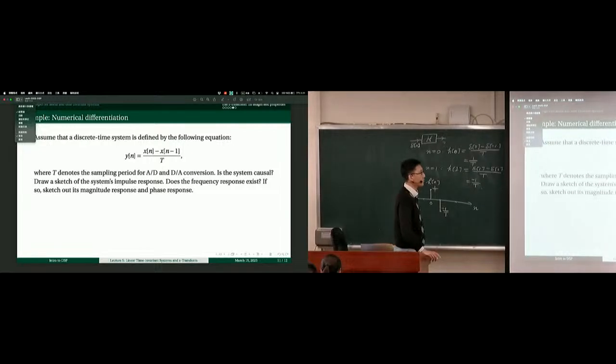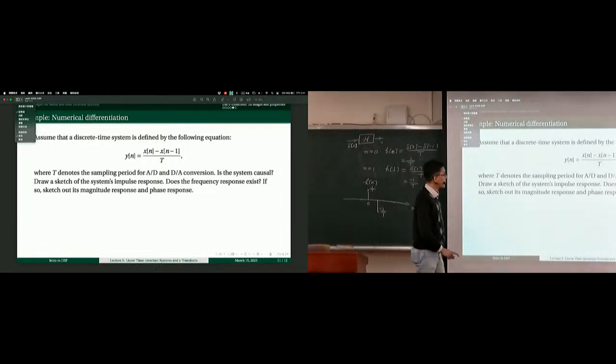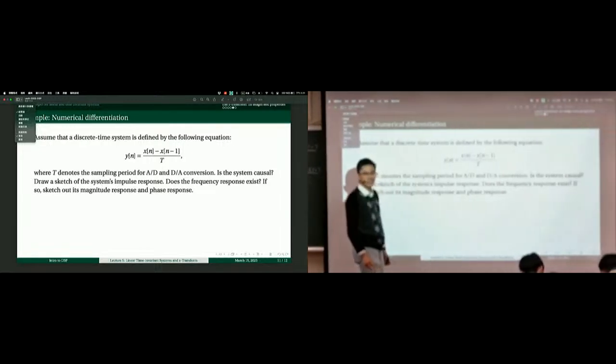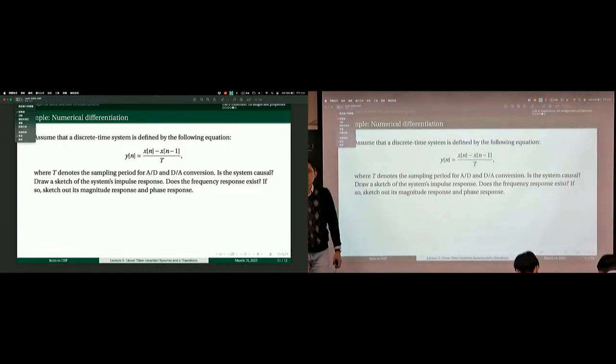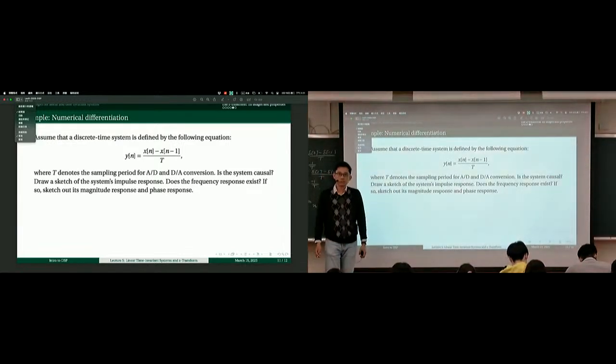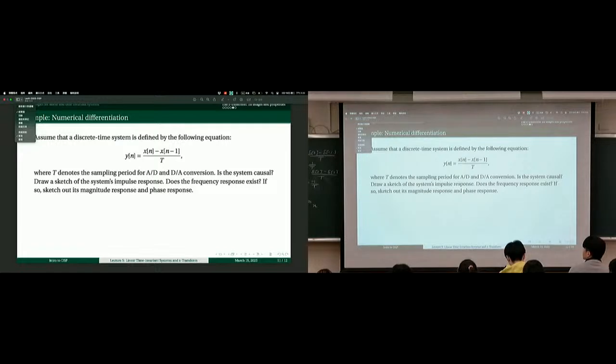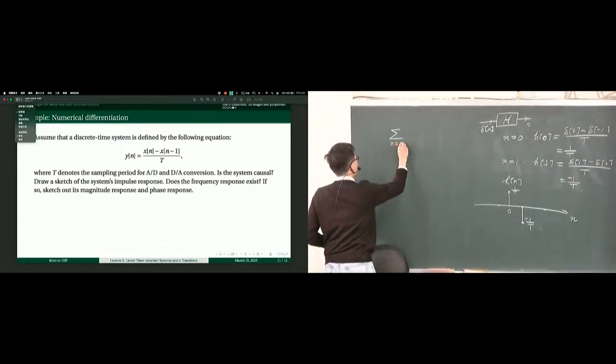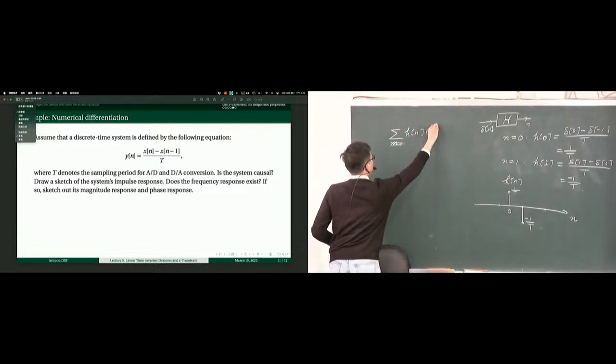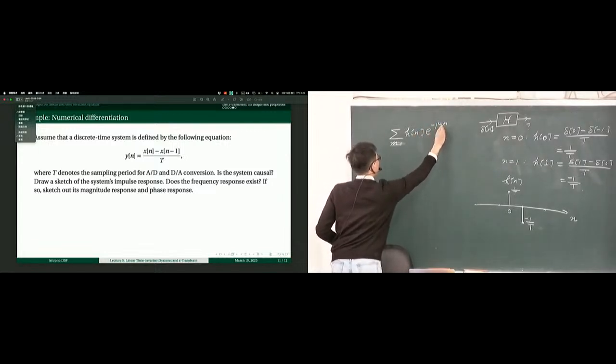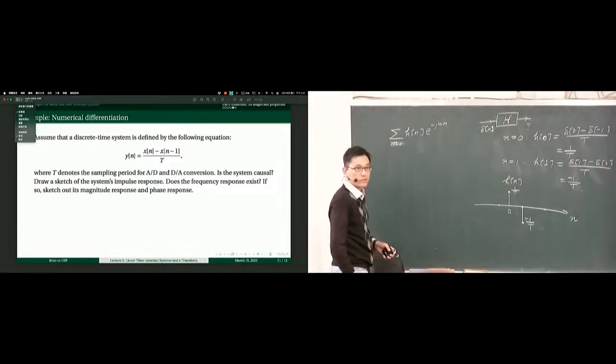Now, the second question: does the frequency response exist? We need to ask, does the summation over all n of h[n] e to the minus j omega n exist for all frequencies?